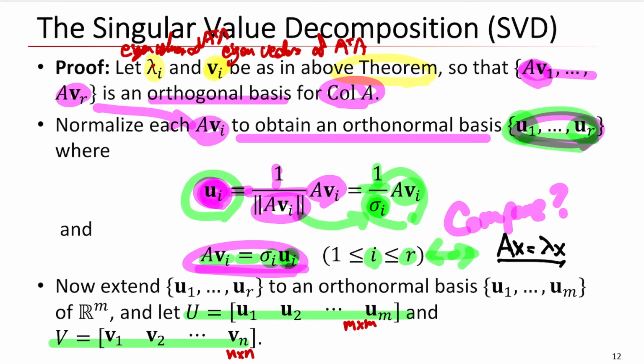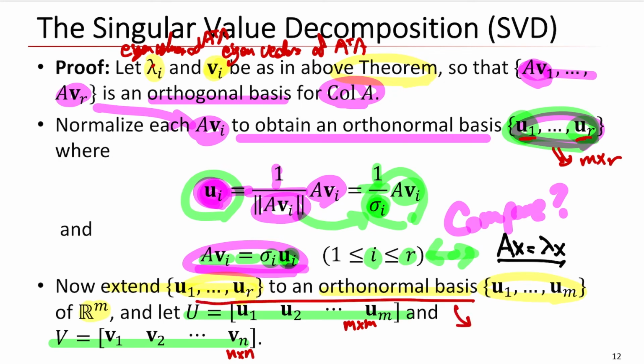If we form the matrix U with u1 through ur, the size of the matrix will be just m by r, right? So first of all, we have to extend u1 through ur to an orthonormal basis u1 through um of the R^m space.